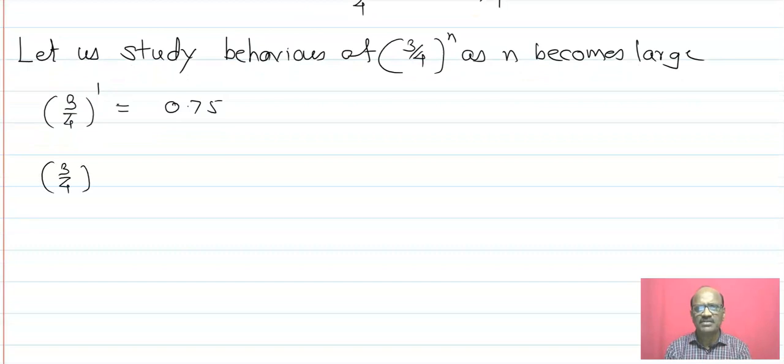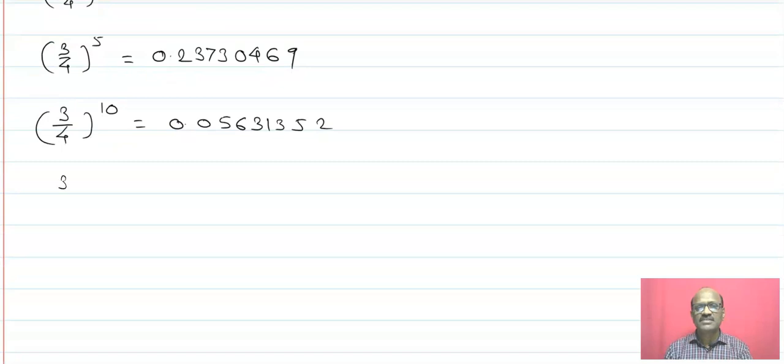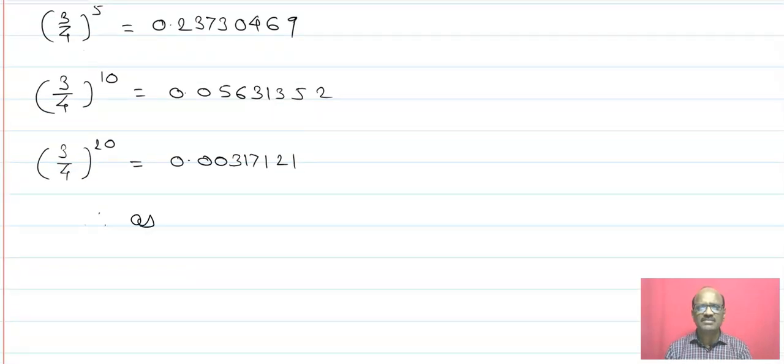Now the second power is 9/16. The next powers, such as the fifth power, become less and less. If we take the 10th power, its value is 0.05631352. And if we take the 20th power, its value becomes 0.0031712.